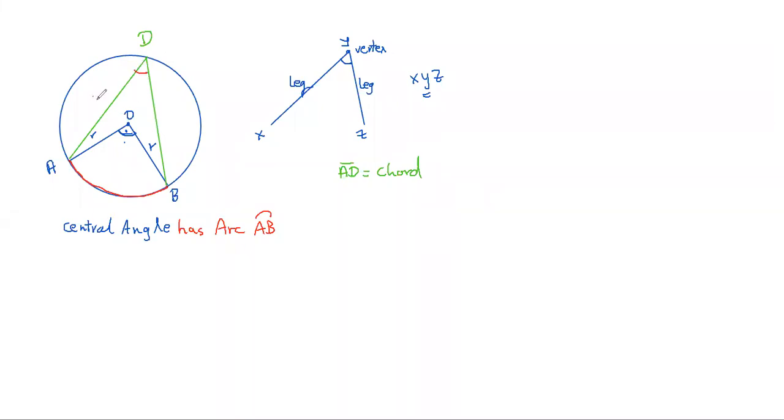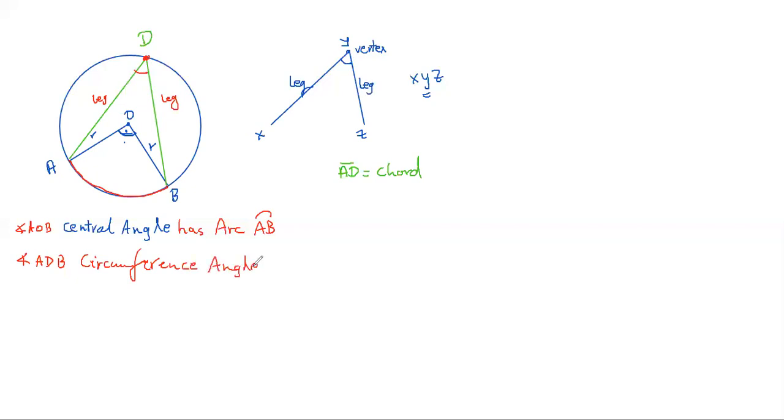Now we can see that we have an angle. This is the first leg, this is the second leg, and this is the vertex. And the vertex of this angle lies on the circumference. So this angle is the central angle AOB, and the angle ADB is called circumference angle.